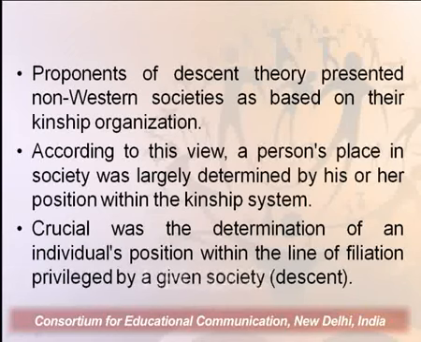And therefore, the line of filiation, which was an attachment to the other side of relations who were not related by descent, became significant. In the previous lecture, to recall, we talked about the types of descent, which were understood in terms of classification by different anthropologists.